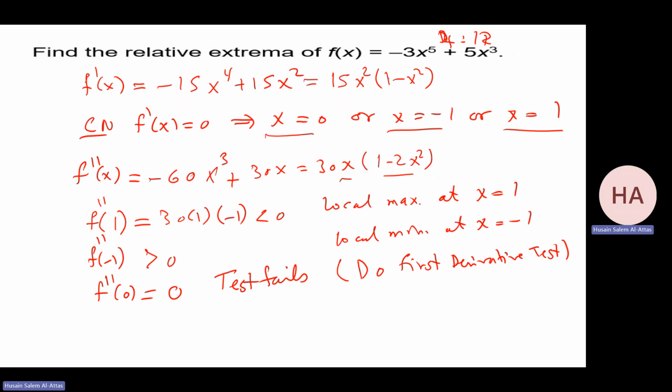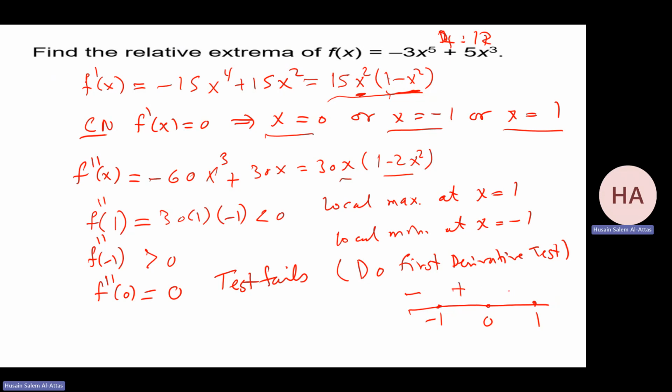Okay, if I do the first derivative test for 0, it will be what? I have minus 1, 0, 1. Check the sign. This one is always non-negative. So the effect is here. Take minus 2. It will be negative. Minus 1 to 0, we'll take minus half.